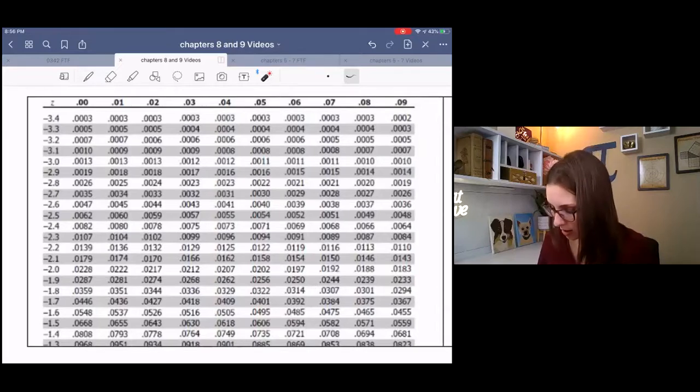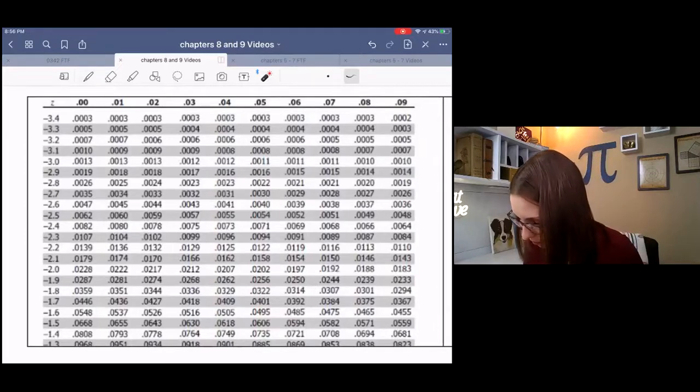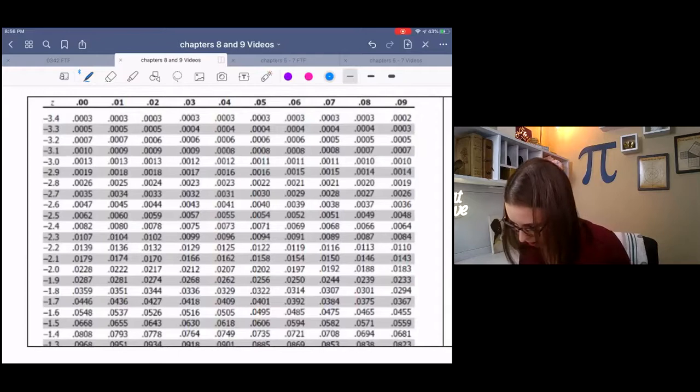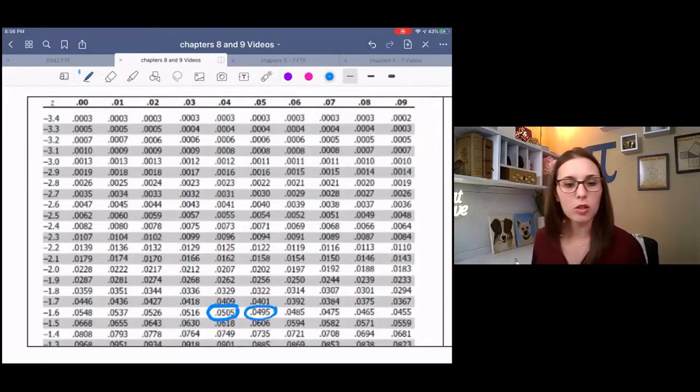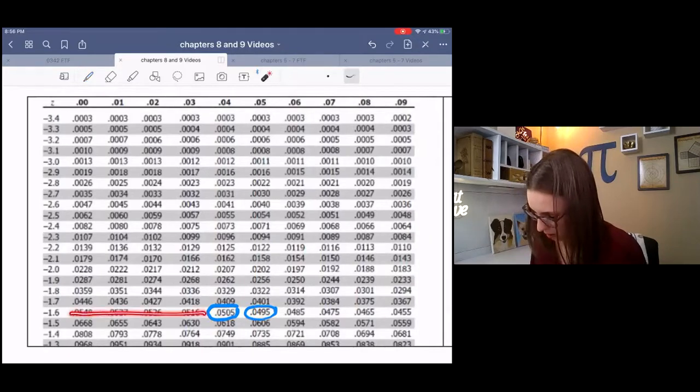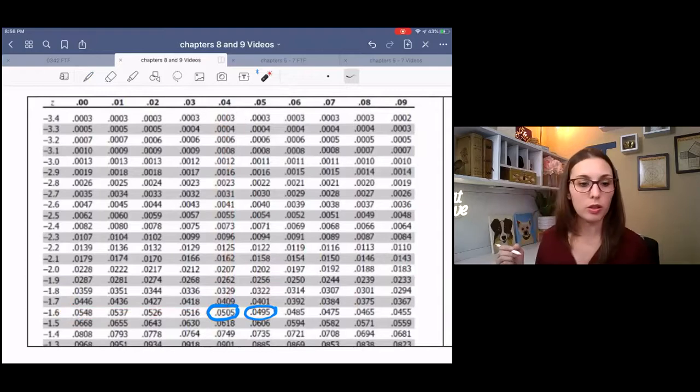So if the area is 0.05, let's see, 0.05 looks to be about here, kind of in between here. That is associated with the z-score of -1.64.